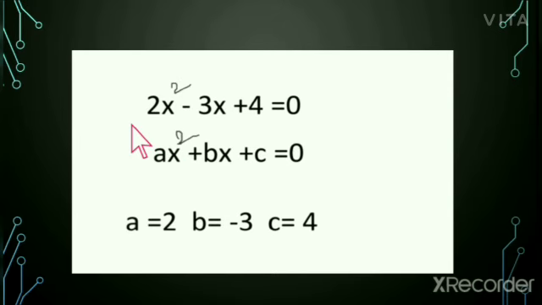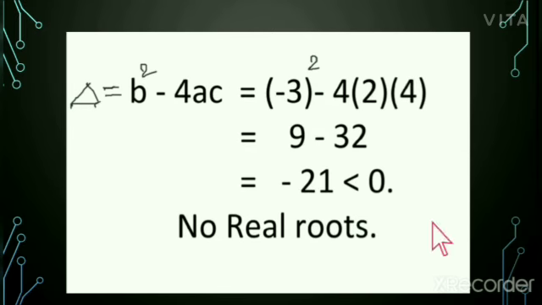Here the quadratic equation is 2x square minus 3x plus 4 equal to 0. When we compare with ax square plus bx plus c equal to 0, then a equal to 2, b equal to minus 3 and c equal to 4. The discriminant value delta equal to b square minus 4ac, as we have already learnt.